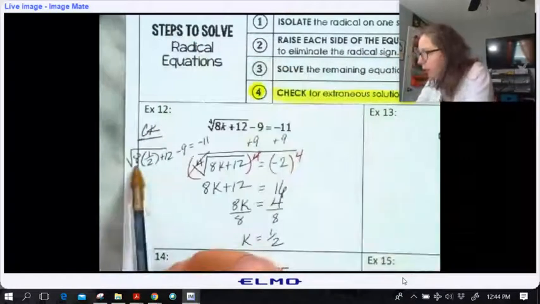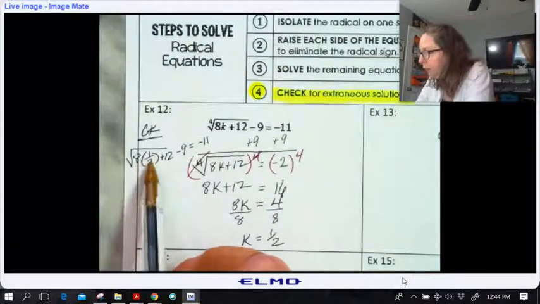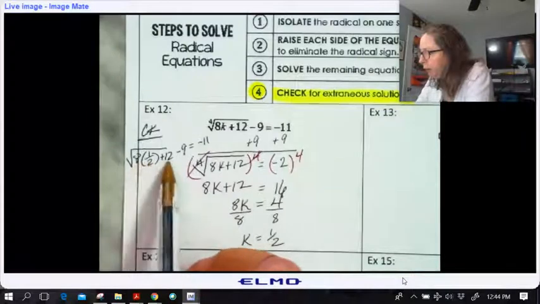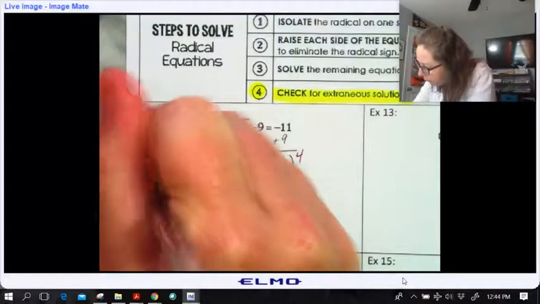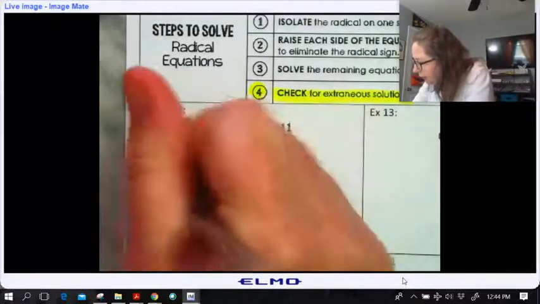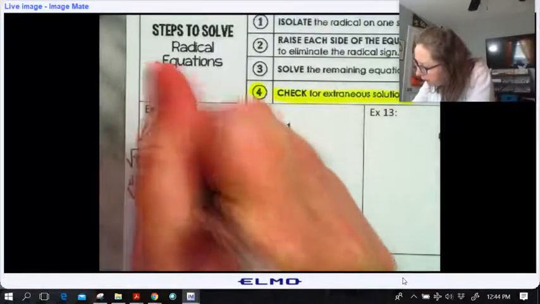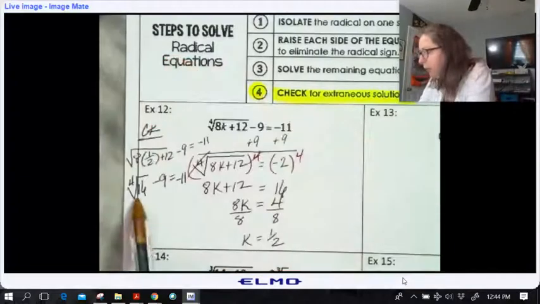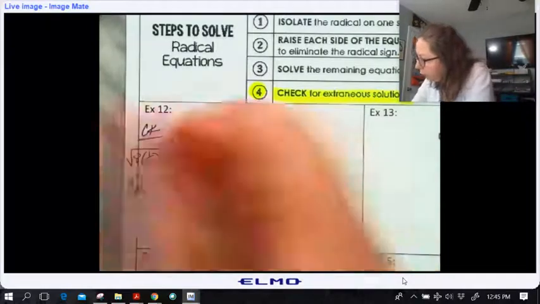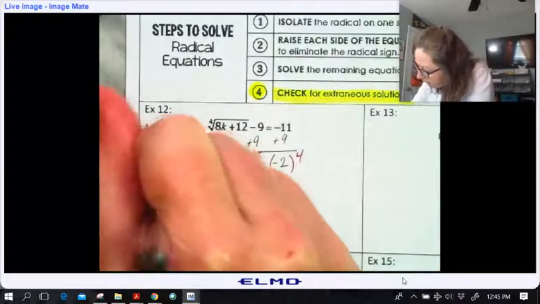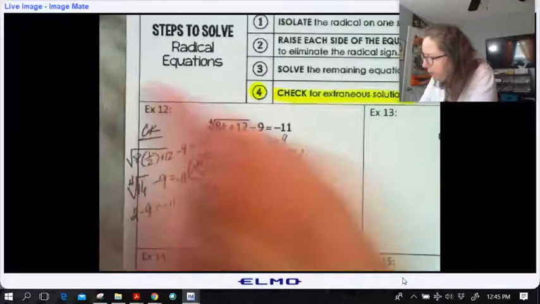So 8 times 1/2 is 4. 4 plus 12 is 16. So I have the fourth root of 16 minus 9 equals negative 11. The fourth root of 16 is 2. So I have 2 minus 9 equals negative 11.